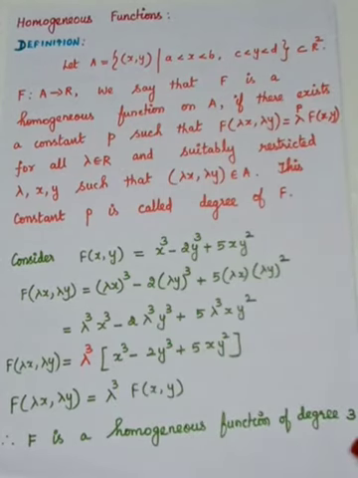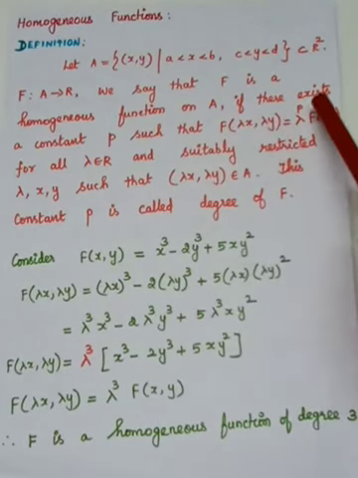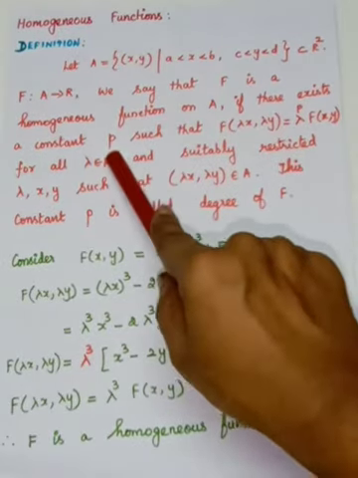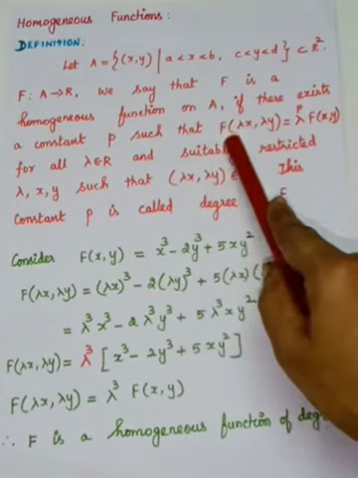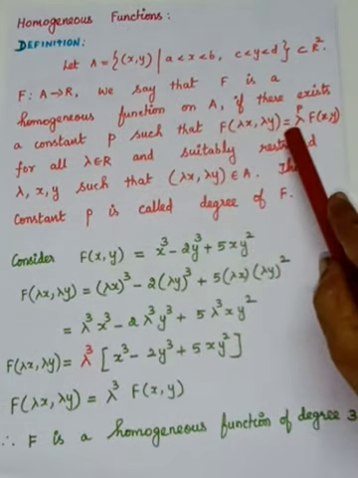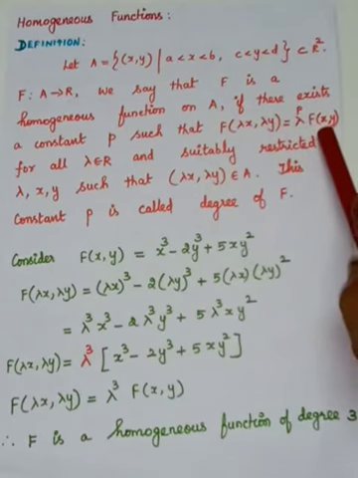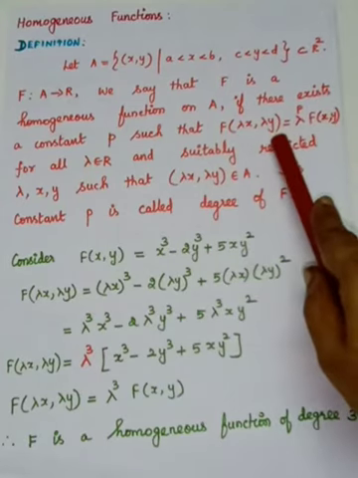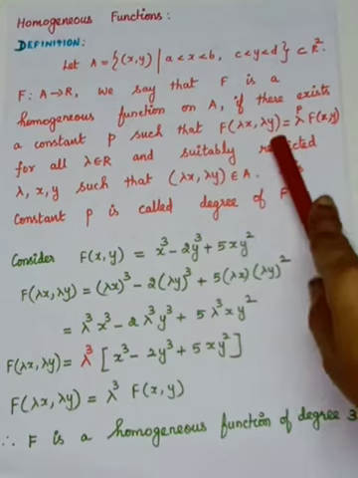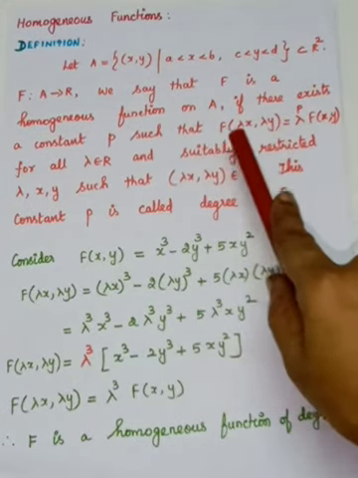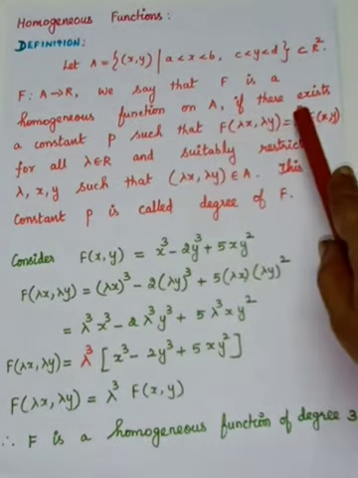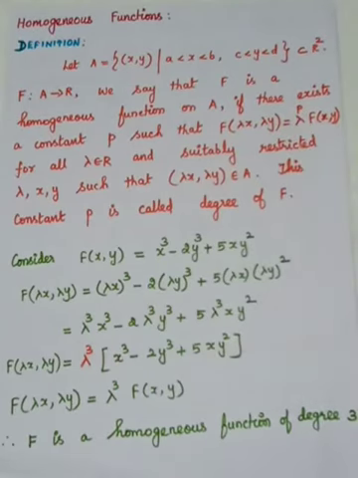That is, coming to the definition: if there exists a constant p such that f(λx, λy) is equal to λ power p into the original function f, if you can write like this, we can say f is a homogeneous function of degree p. So if you want to check whether the function is homogeneous or not, what you have to do?